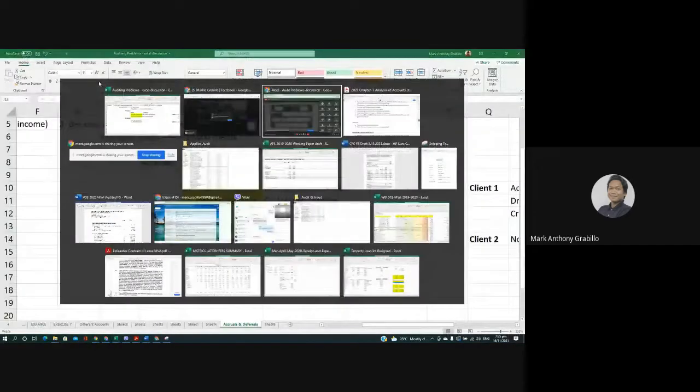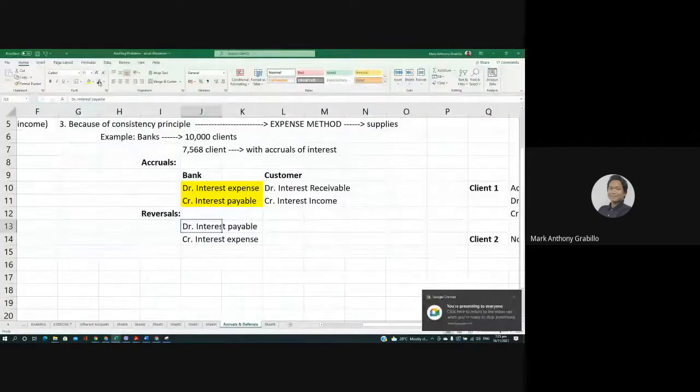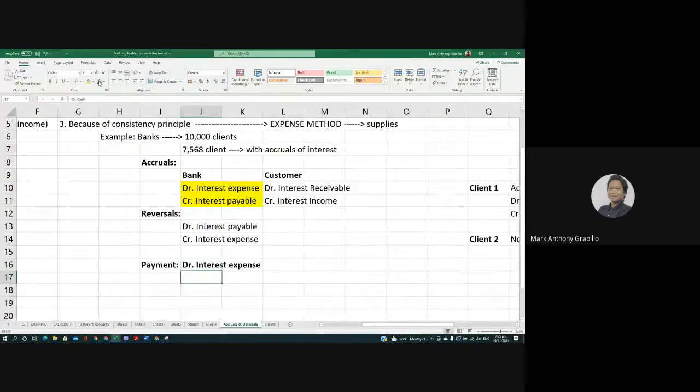Okay. So, upon payment, your entry will be debit, interest expense, and then credit, cash. So, what happened? This interest expense that you entered, and the reversal entry the following year, will zero out. Do you get it? They zero out because you credited interest expense as a reversing entry and then debited interest expense upon payment.